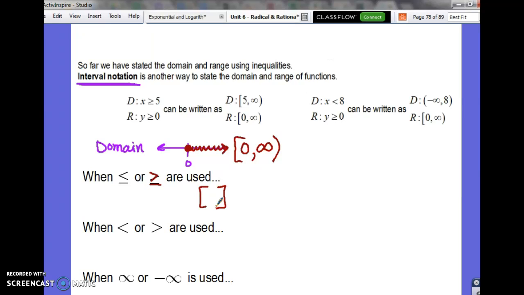Our range in this problem is the same, so there's really no need to put that on a number line as well. But if you were to put something on a number line where you would have an open circle, because you would use just plain old less than or just plain old greater than, then you're going to use a set of parentheses.